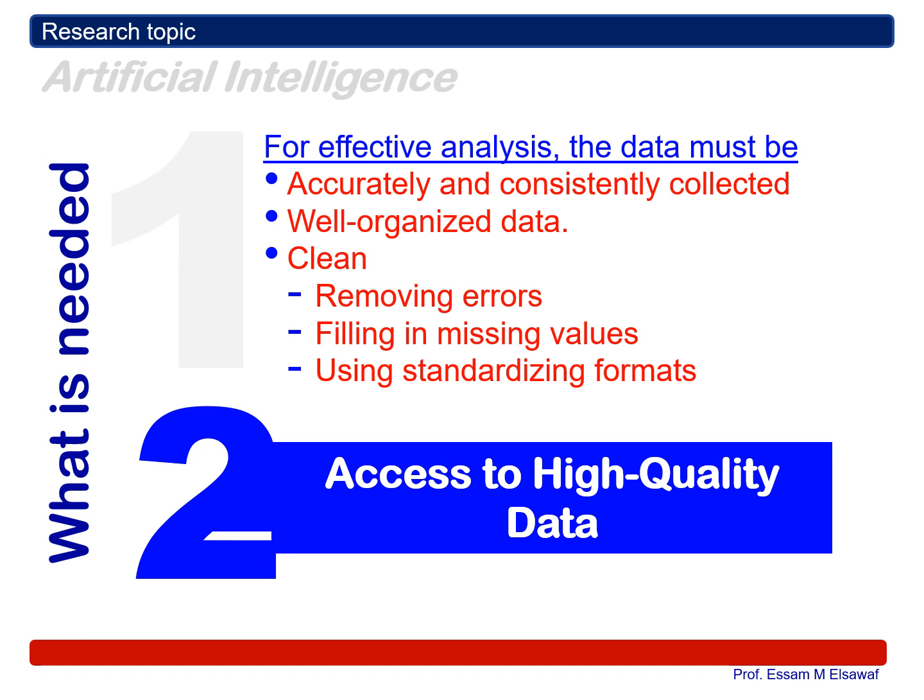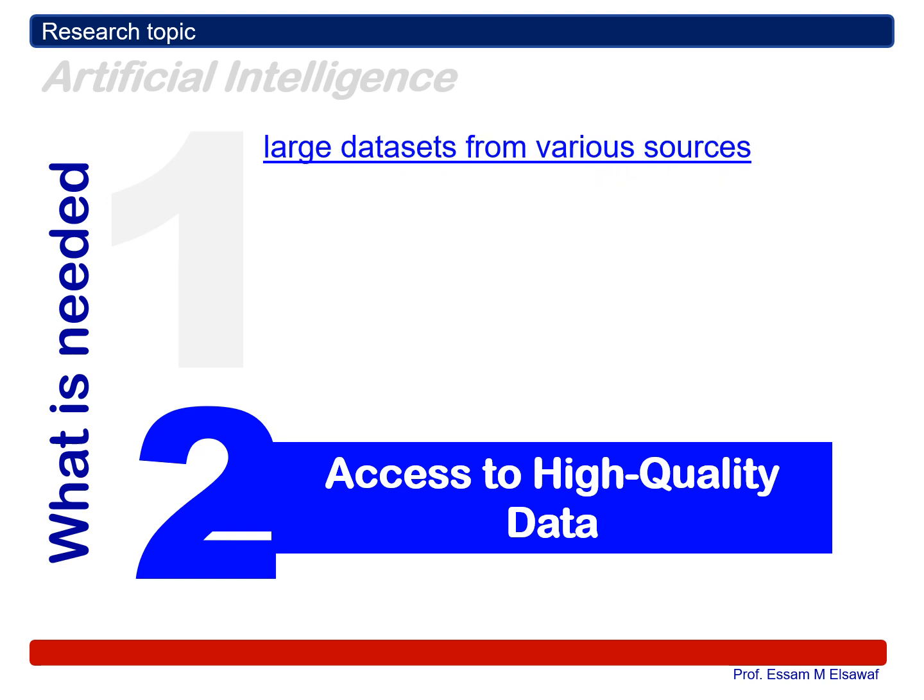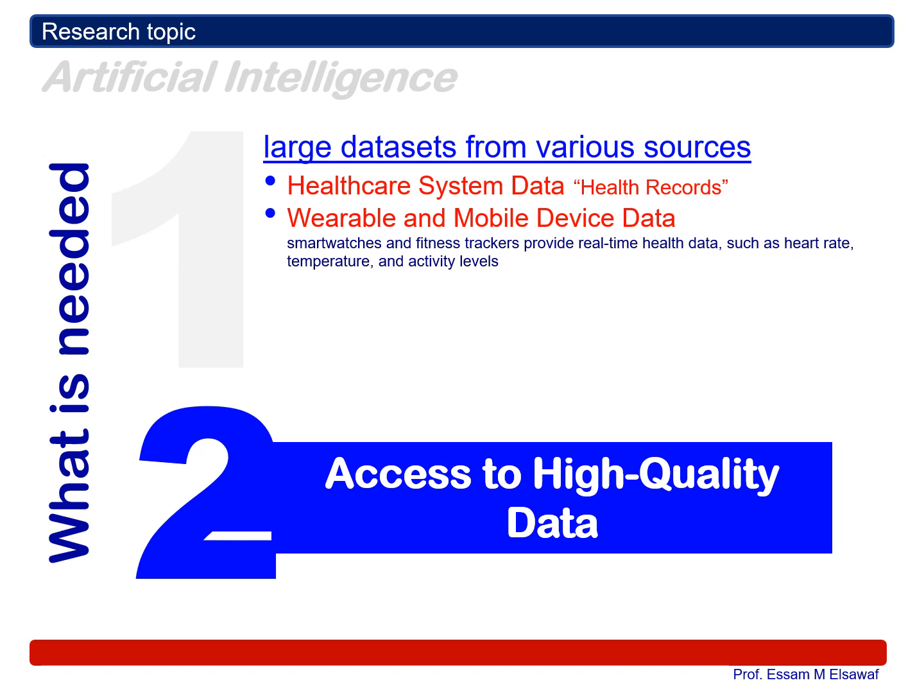What are the likely sources of such data? Large data sets from various sources, such as healthcare system data, health records from the Ministry of Public Health, from governmental hospitals, from university hospitals, from primary health, from anywhere. From wearable and mobile device data, such as smartwatches and fitness trackers.